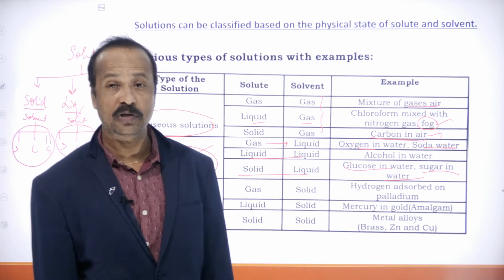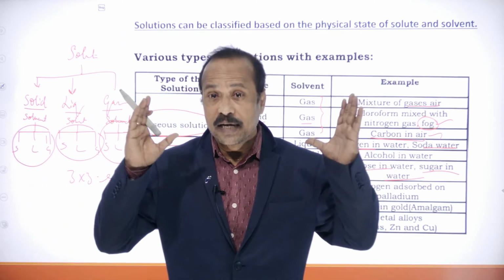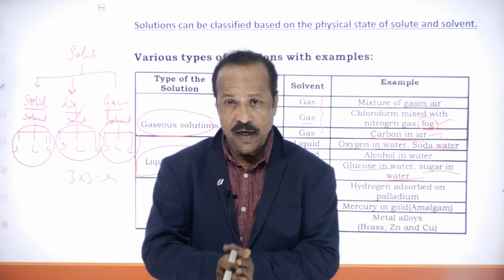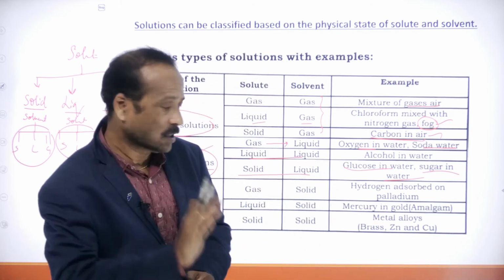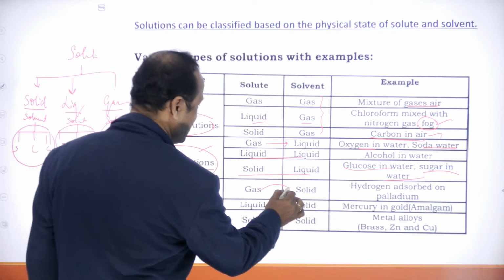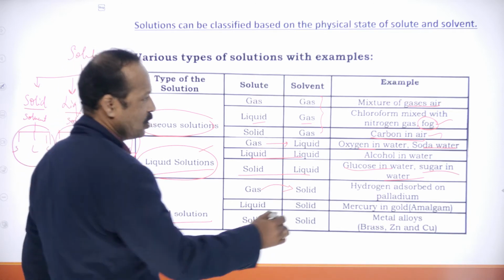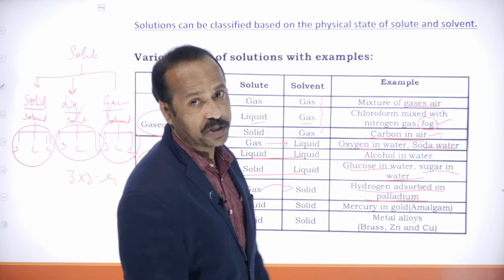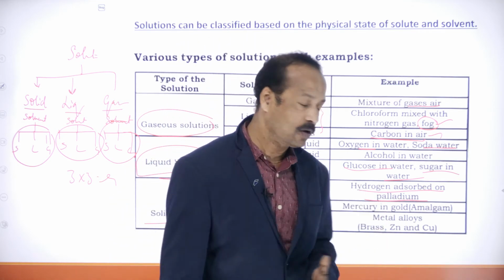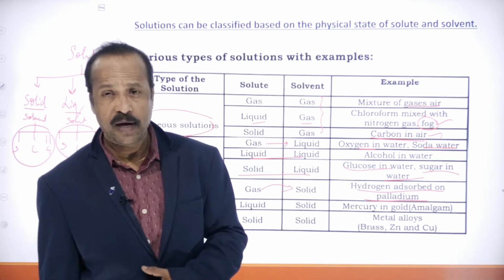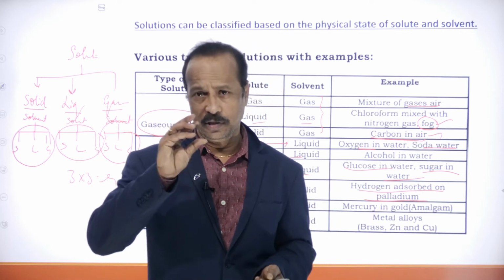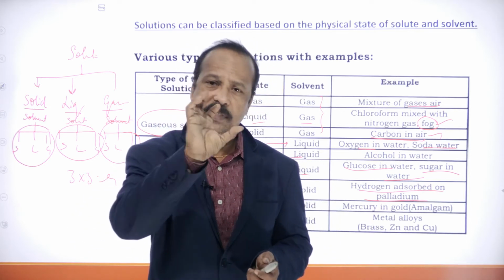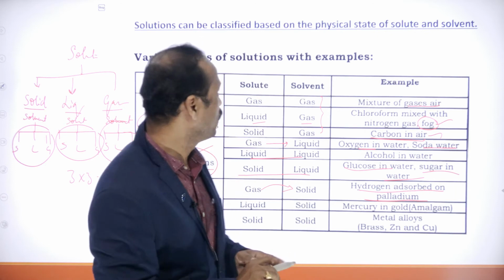Now the last and final one is what? Solid solutions. What are solid solutions? Solid is the solvent, and the remaining three are the solutes. So gas in solid: hydrogen absorbed on palladium. See students, a little high school knowledge is required here. Palladium atoms are big in size.